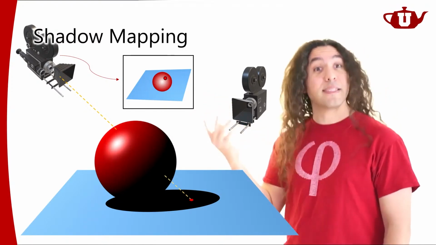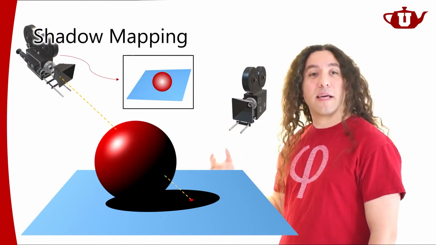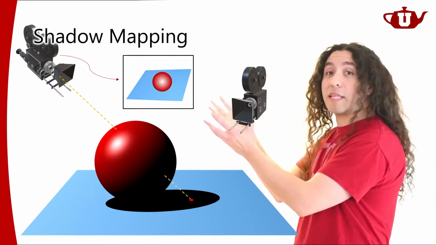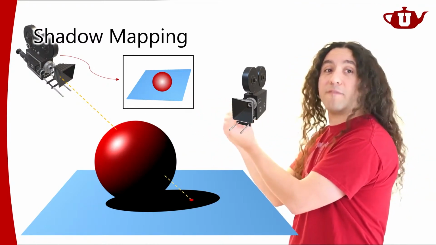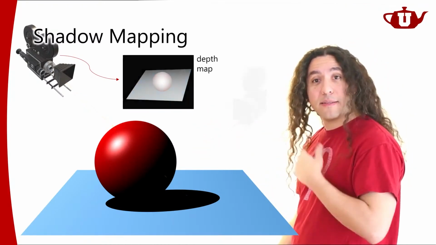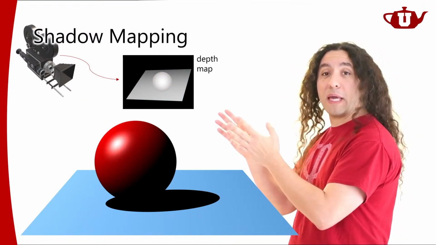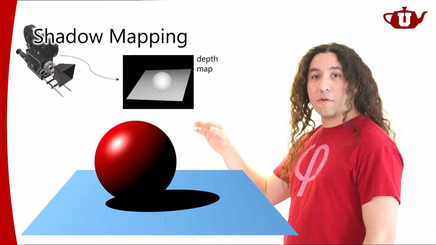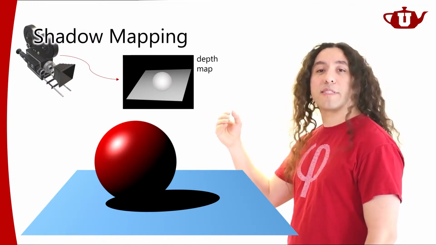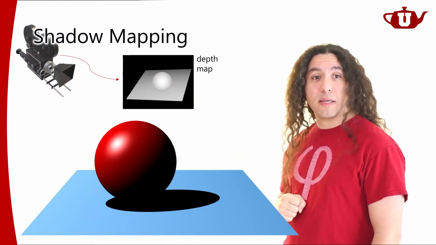If the light cannot see that point, that means it is in shadow. To decide that, I don't need a colored image like this for my light view. What I need is only and only the depth map. The depth map will tell me, for each one of the points on this image, how far that point is from the light source, right?